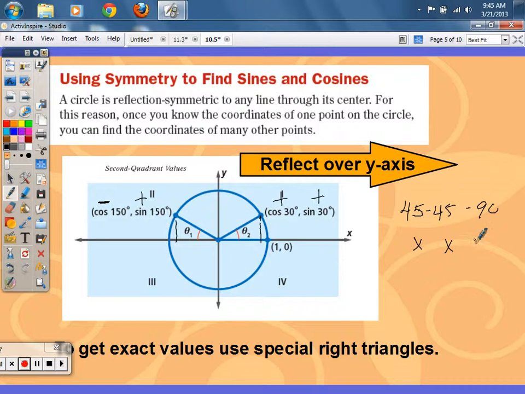I just wrote it down to make sure I didn't mess it up when I told you guys. And the 30, 60, 90, if this is x, this guy is 2x.